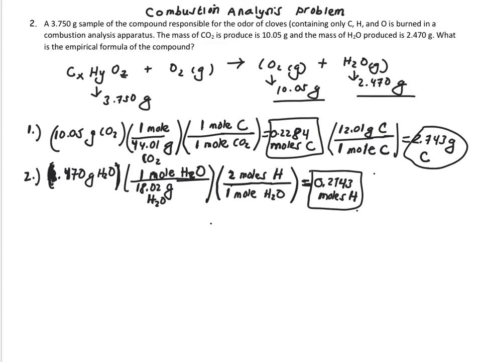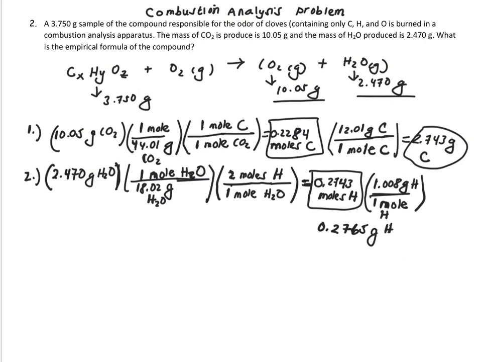And if we multiply by the molar mass of hydrogen, so 1 mole of hydrogen is for every 1.008 grams of hydrogen, that ends up being 0.2765 grams of hydrogen.